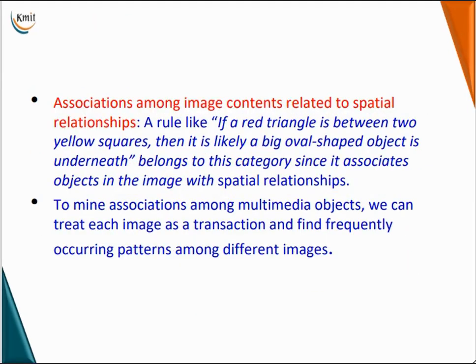Last one, associations among image content related to spatial relationship. A rule like, if a red triangle is between two yellow squares, then it is likely a big oval shaped object is underneath. To mine association among multimedia objects, we can treat each image as a transaction and find frequently occurring patterns among different images. Thank you.